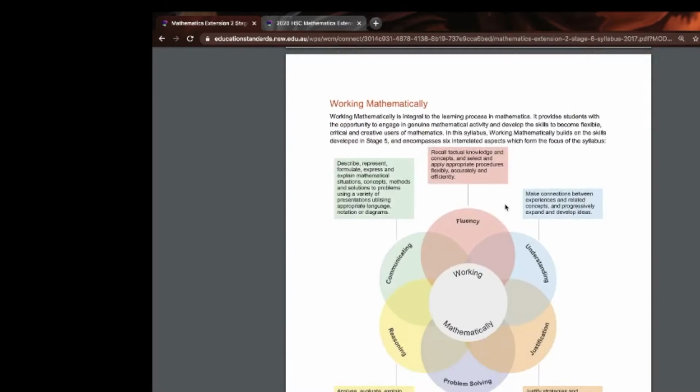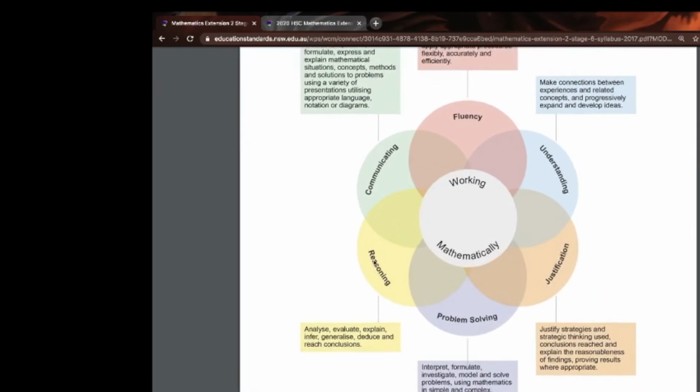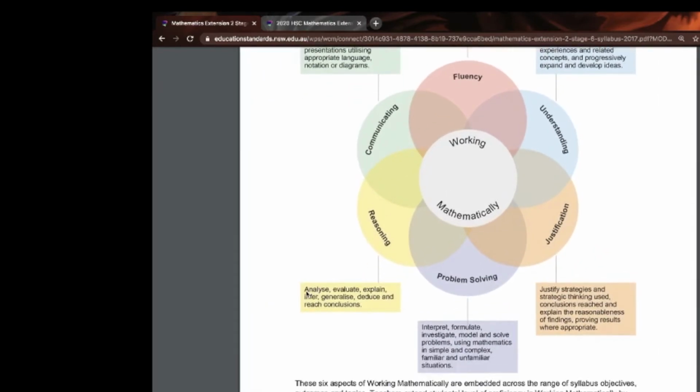Now, working mathematically. This is basically a bunch of syllabus jargon, but it does give some good insight into how you can address questions, and therefore it will show you which types of questions they can ask. So we've got 6 aspects. So we've got reasoning. You'll analyze, evaluate, explain, infer, generalize, deduce, and reach conclusions.